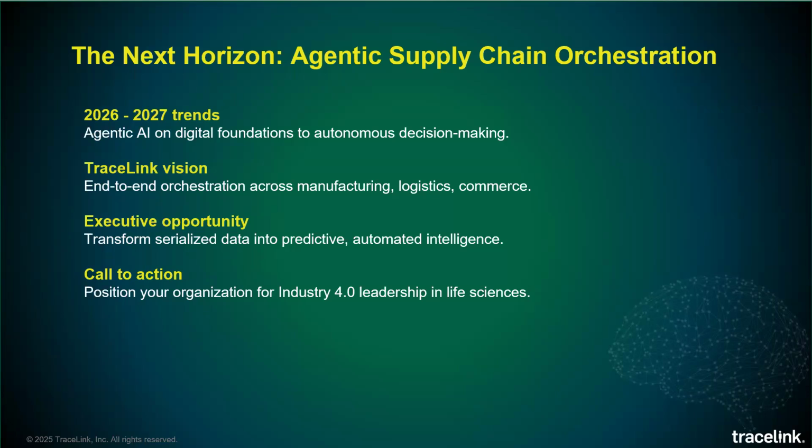Then the call to action. So what is it for you, right? You have to think about positioning your organization, your company, to be Industry 4.0 ready, right? Industry 4.0 is nothing but automating as much as you can and digitalizing all your manual processes, right?